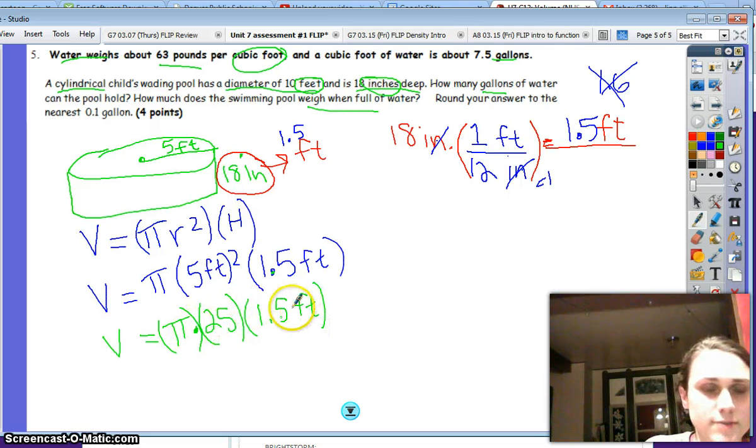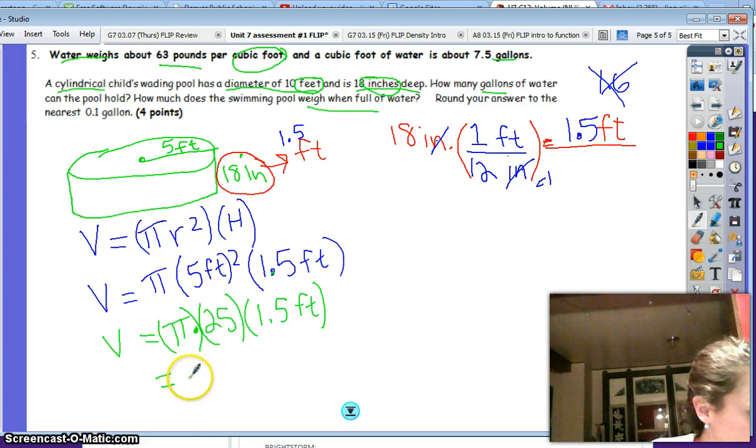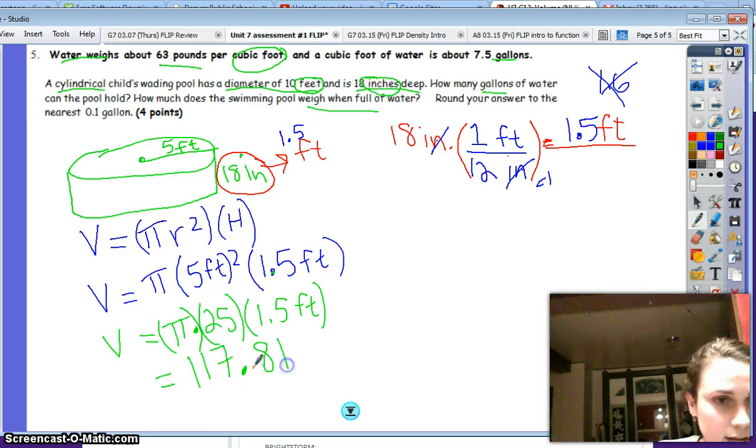Okay, so 3 sets of parentheses. I'm multiplying all these values. I'm going to use the pi on my calculator to get a decimal answer for this. So pi times 25 times 1.5 gives me an approximate answer of 117.81. What's my unit? Cubic feet. That's the volume of this pool.